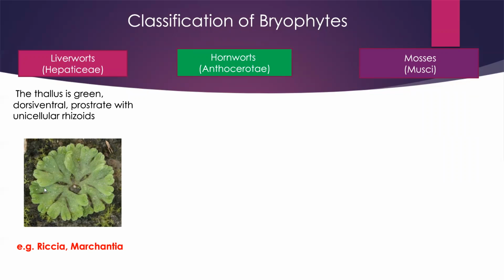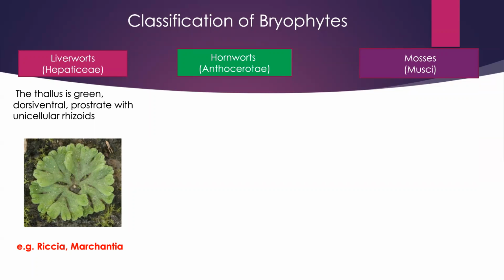You can see it has a thalloid body, and you know thalloid means it is not differentiated into root, stem, leaves, and it is a somewhat flattened irregular structure. Okay, this is green in color because it is autotrophic, it contains photosynthetic pigments. What is dorsiventrally flattened? Dorsiventrally flattened means it is flattened from the dorsal as well as the ventral side. So you can see it has a flat structure.